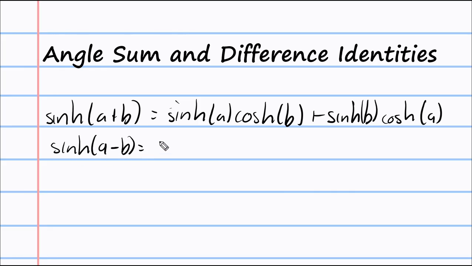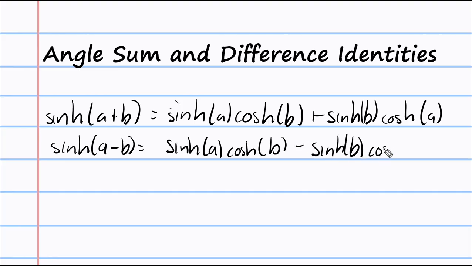Sinh of a minus b is just equal to sinh a cosh b minus sinh b cosh a.